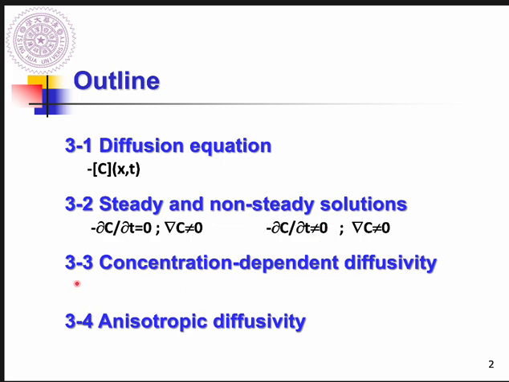And the third part will be talking about the following. In prior studies, in order to simplify all questions or conditions, we assume the diffusivity equals a constant. That can help you simplify the differential equations, right? But in some real cases, the diffusivity sometimes will change with concentration.